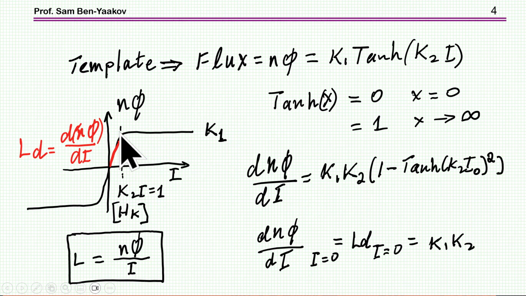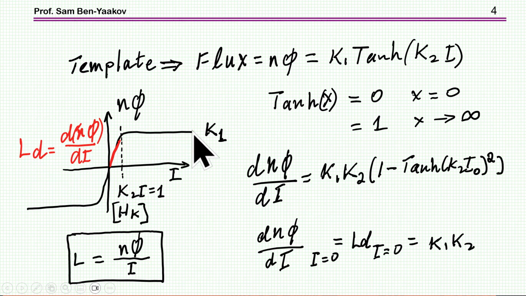Now this slope, which you can define as the derivative of N times phi with respect to I, is actually inductance, because inductance is N phi over I. So this is the local inductance here, and I'm assuming that throughout here it is just about a straight line. Therefore this derivative here is in fact the local inductance of the inductor in this range.